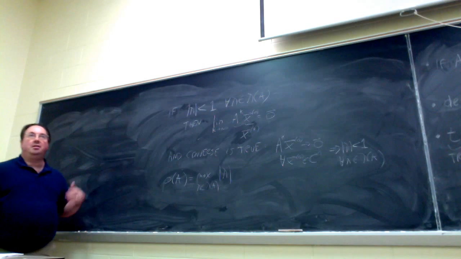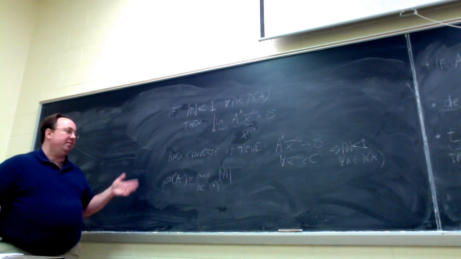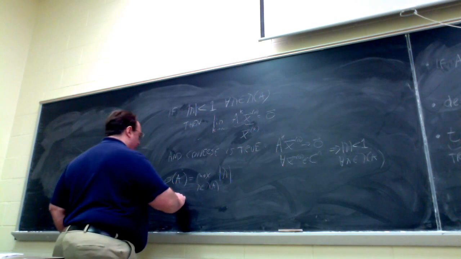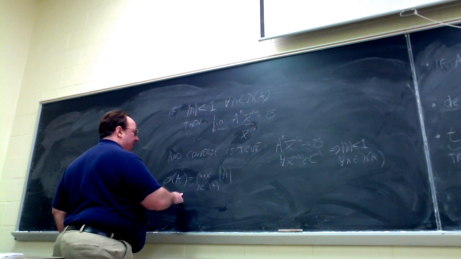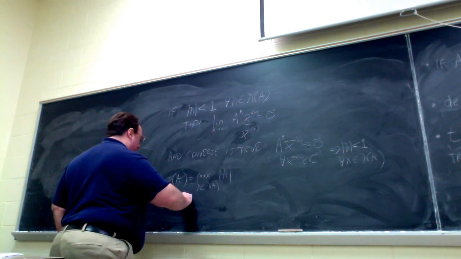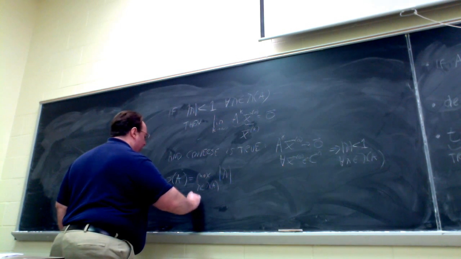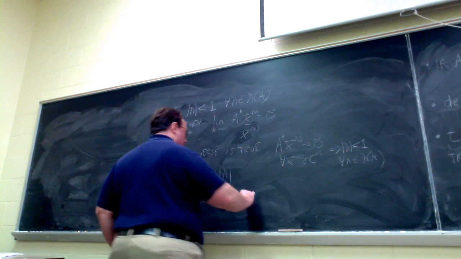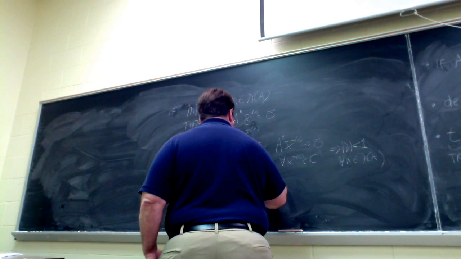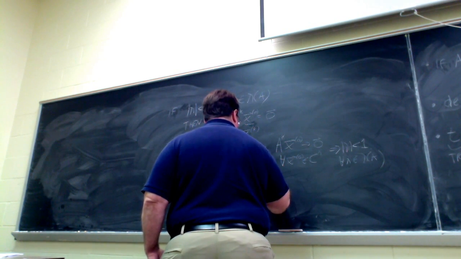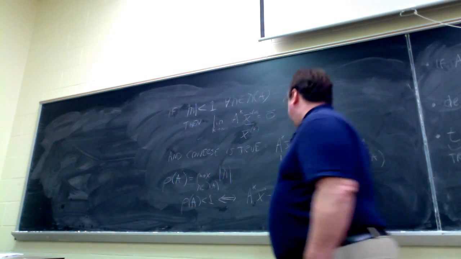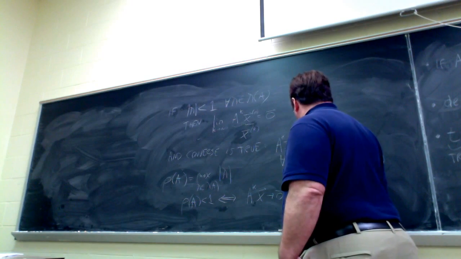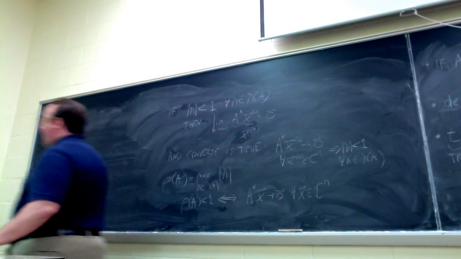So this is the maximum absolute value you can get among all the eigenvalues of A. So what we can say using this definition is the spectral radius of A is less than 1 if and only if this sequence of vectors, A to the k times x, goes to 0 for all vectors x that you could choose.